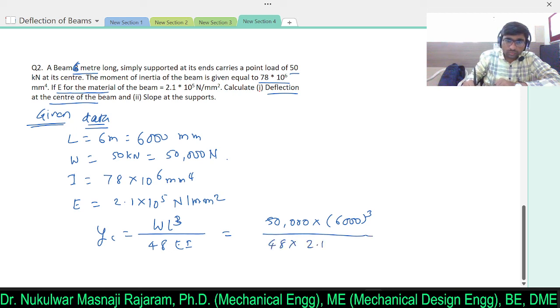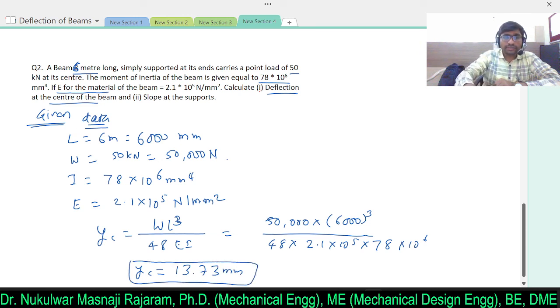The value of E is 2.1 into 10 raised to 5, into the value of I, 78 into 10 raised to 6. So the YC value will be equal to 13.73 mm in the downward direction only.